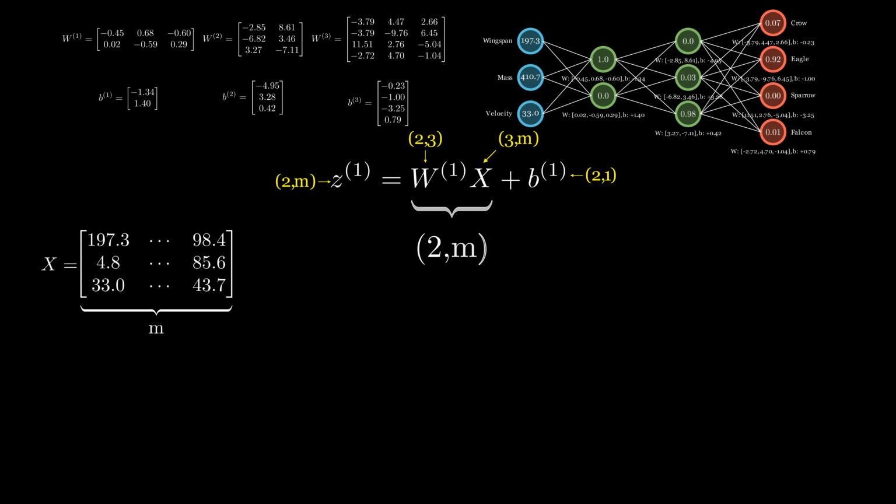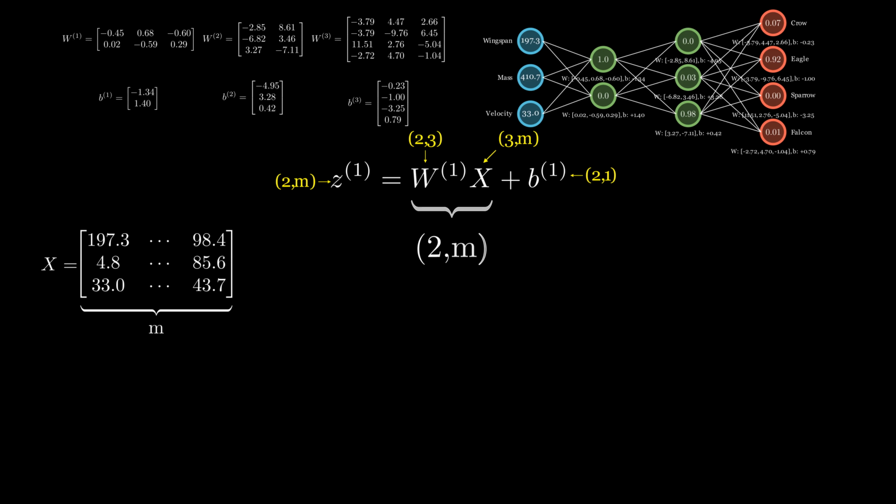Take a look at B1. It still has a shape of 2 by 1, but our product has a shape of 2 by m. We cannot add those two, but we also do not want to add additional biases. Those would be other parameters to optimize, plus the number of parameters would depend on the batch size, and we want to avoid that.